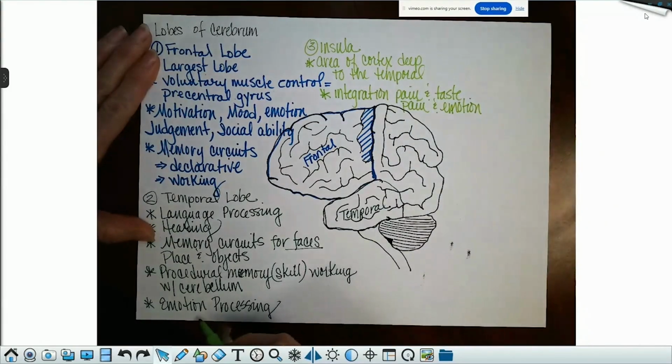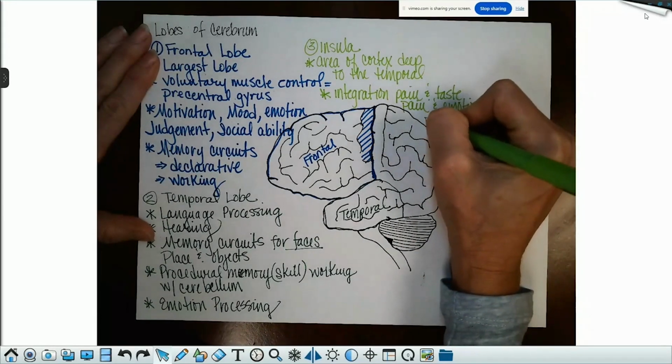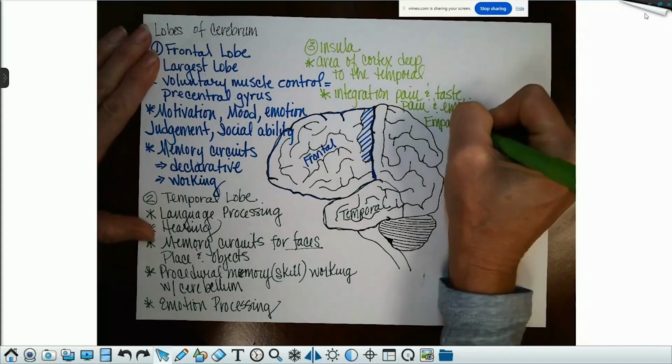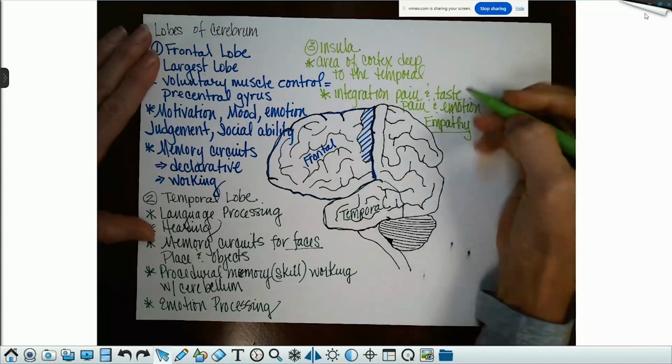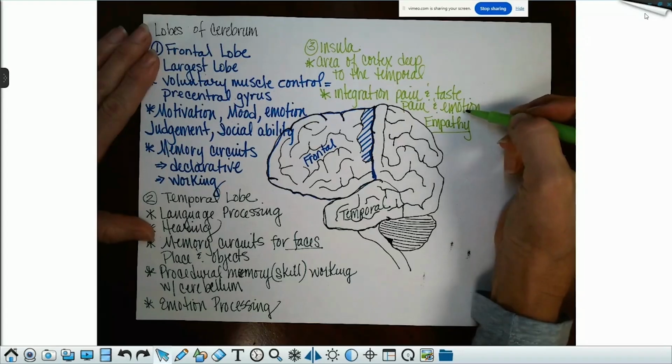And look, down here, the temporal lobe, that was involved in emotion processing. But the insula is also big in empathy. So that makes sense. Pain, applying that, integrating that with emotion.